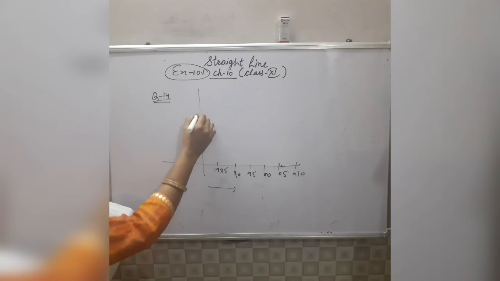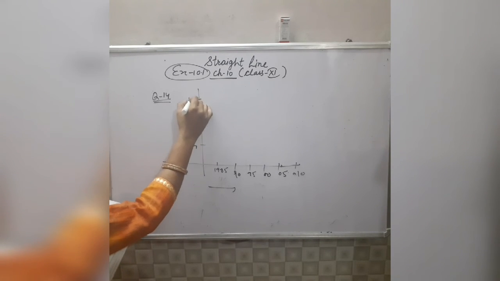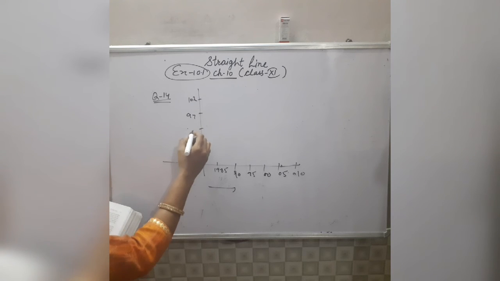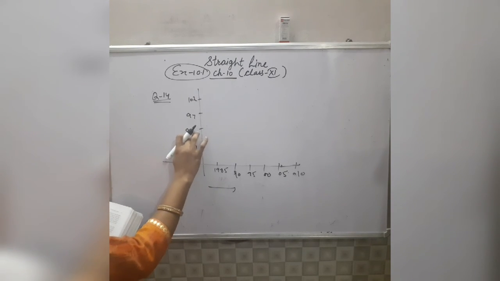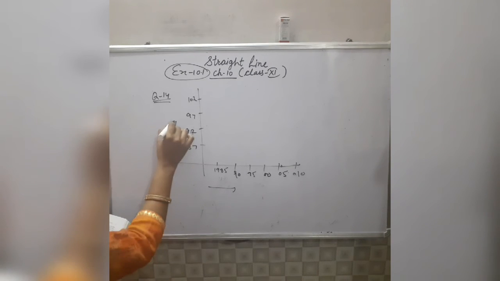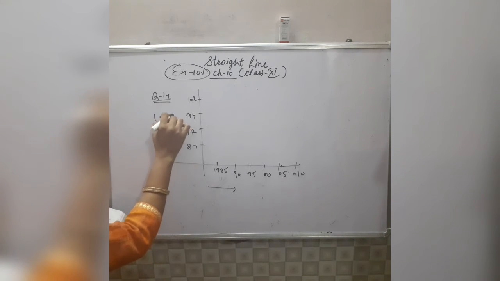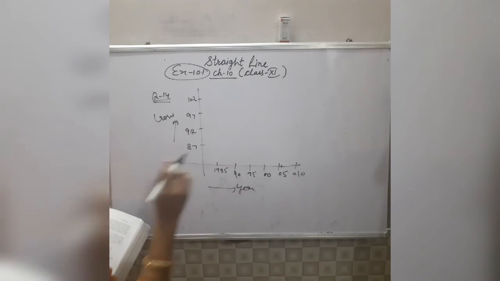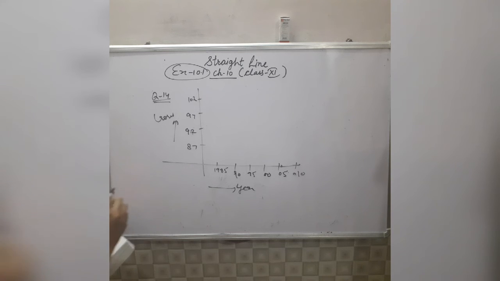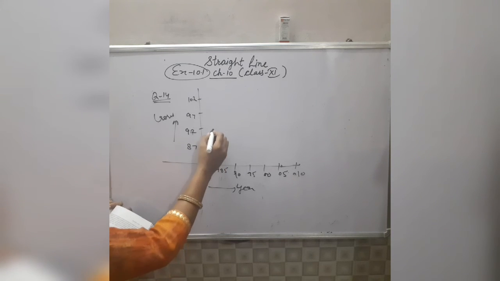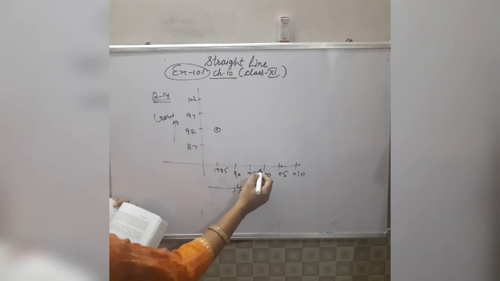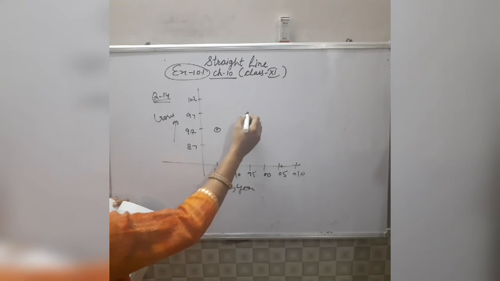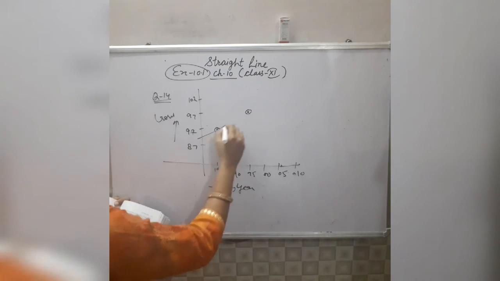This is 87, then 97, 100, 2, and it will be 87 plus 5, 92. This population is given to you in crores. These are the years. Now point A is given to you here, and point B, the population in 1995 is given to you, which is 97 crore.